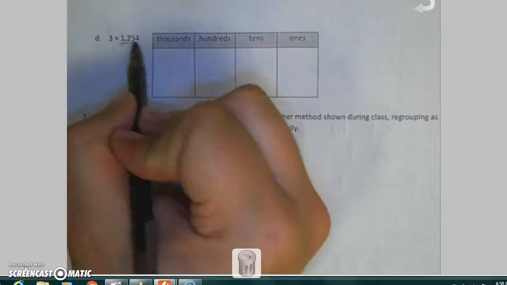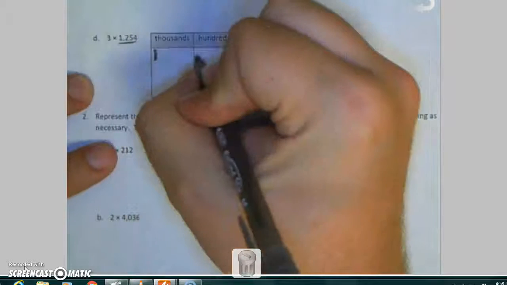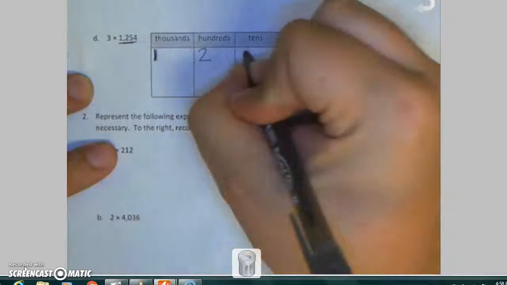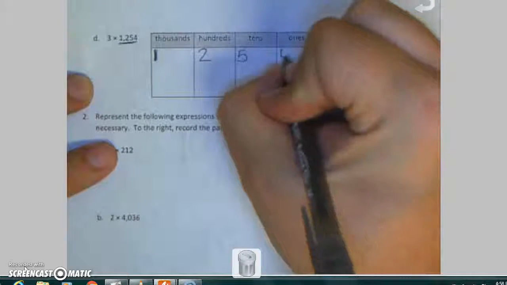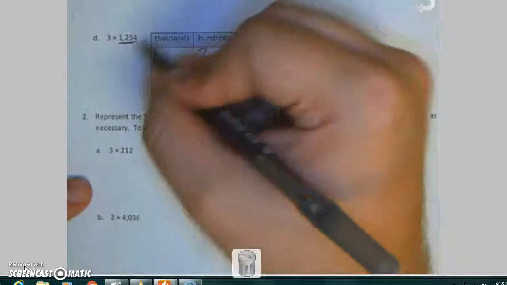So I'm going to take 1,254 and place it into my place value chart. Now, I'm going to multiply each one of these by 3, because I'm multiplying this whole number by 3.